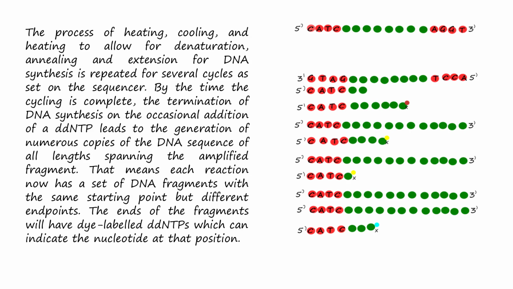That means each reaction now has a set of DNA fragments with the same starting point but different endpoints. The ends of the fragments will have dye-labeled ddNTPs, which can indicate the nucleotide at a specific position.